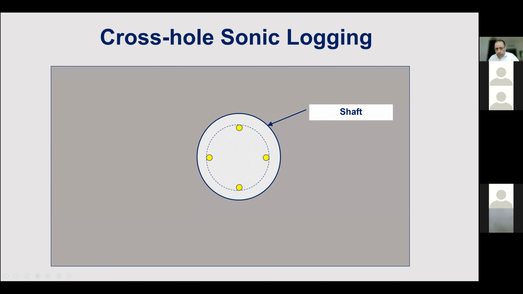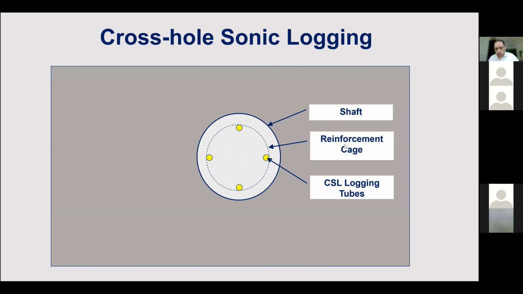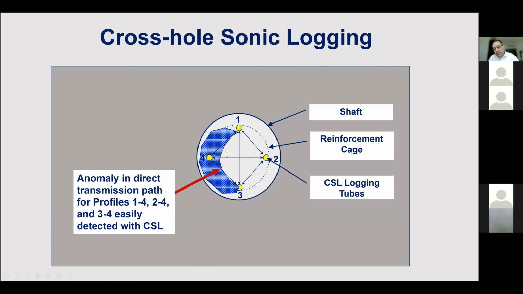If you have the shaft, the reinforcement, the CSL logging tubes, and you do your cross sections, and say you have an anomaly that intersects the pathway of some of the traveling waves, say between profiles 1 and 4, 2 and 4, and 3 and 4, then it will be easily detected by the CSL.